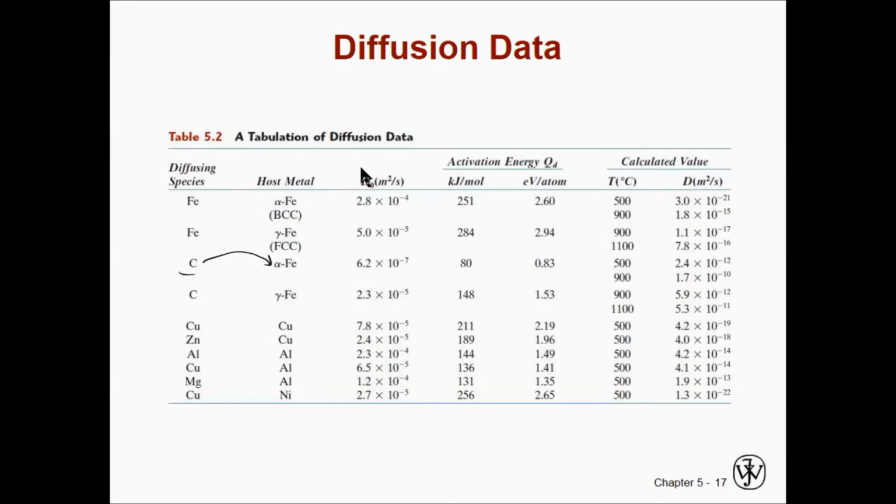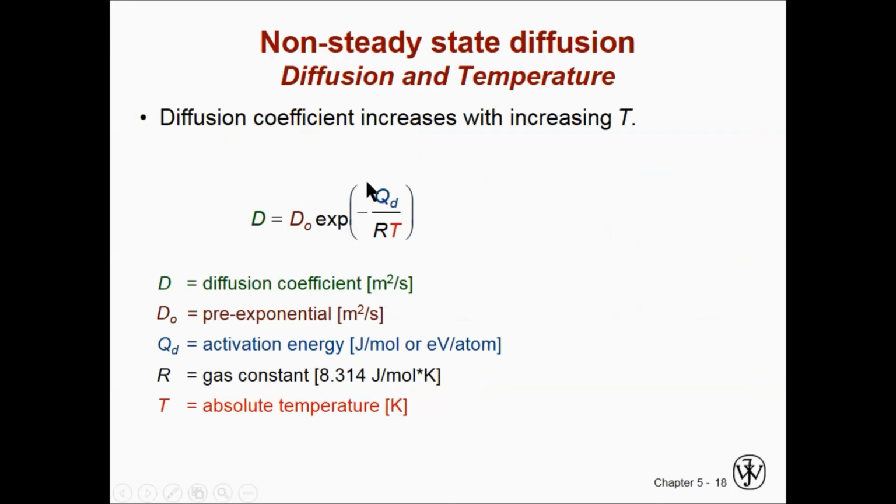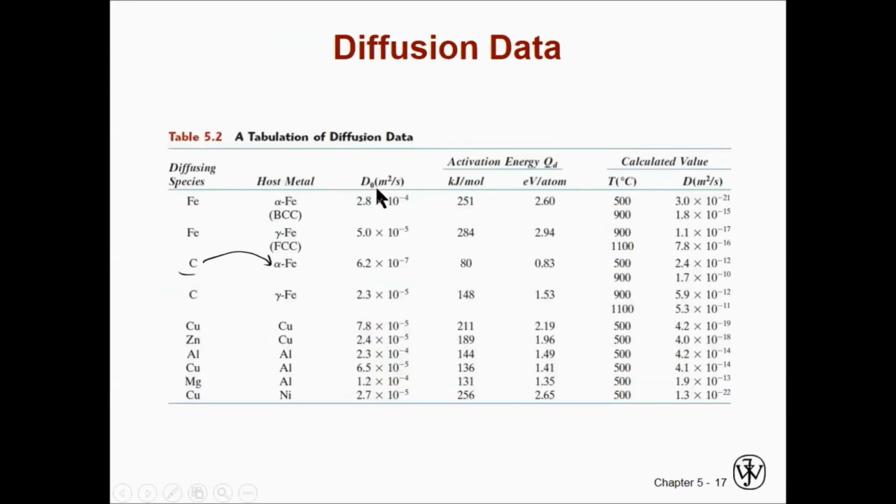D0 is the pre-exponential and depends on the diffusing materials. So this value over here is defined by these two, diffusing species and host metal. It shows how well these two are capable of diffusing into each other.